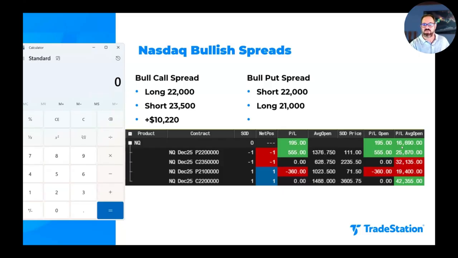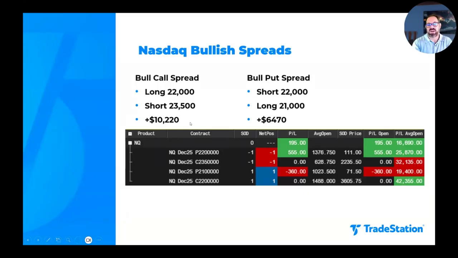Right now, the short put is 25,870, while the long put, obviously losing 19,400, that is 64.70. That's actually right, based on what's going on. Now, why is there a $4,000 discrepancy between the two? Well, remember, this one's capped anyway because I sold the short strike above the long strike.